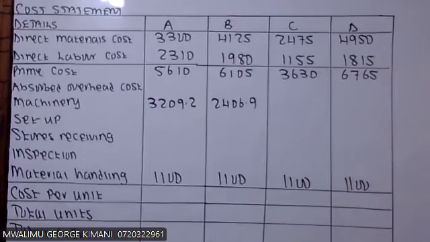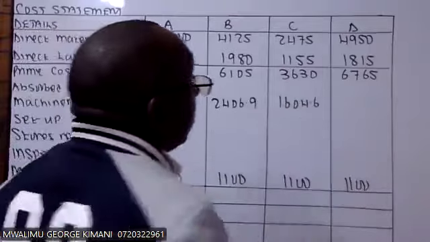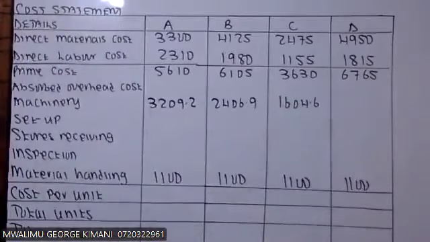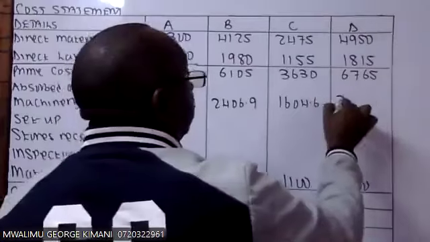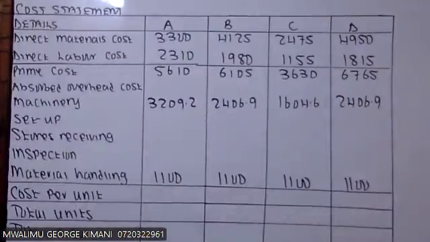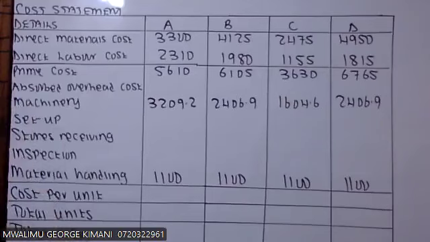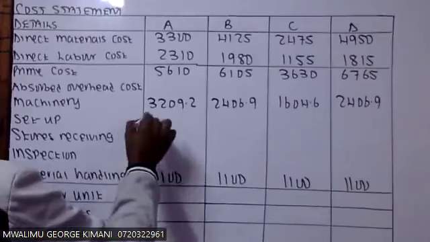Next, 1604.6. Next, 2406.9. Then setup. Tell me setup was 1250 for all.